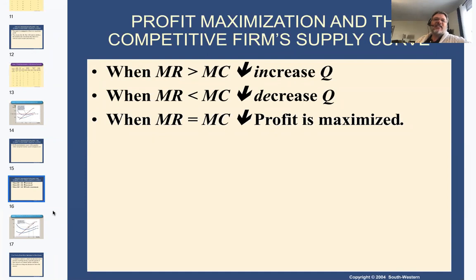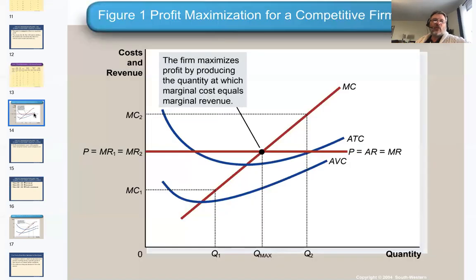Yeah, I mean, I can see it better on the table. It's a little bit harder to see on the graph because it's hard to identify the additional profit, but you can say, well, I know, for example, at Q1, I can look at the marginal cost curve and say, okay, the costs are down here, but the revenue is up here.